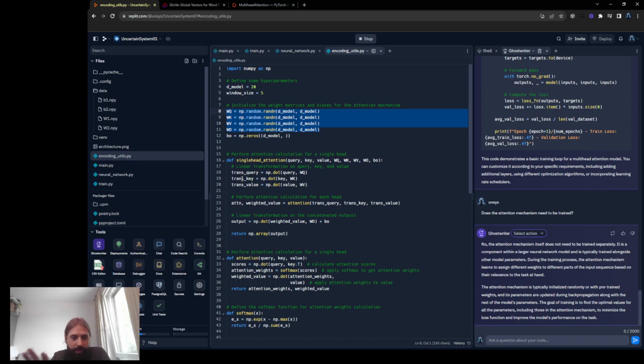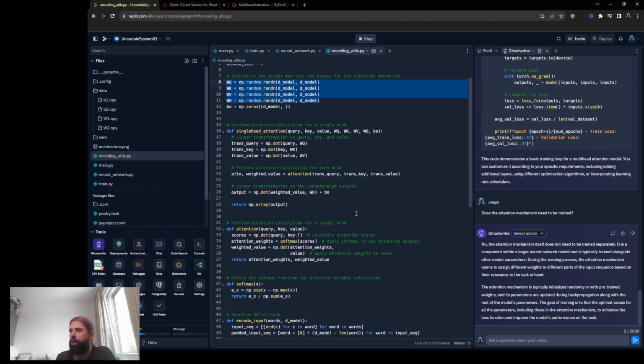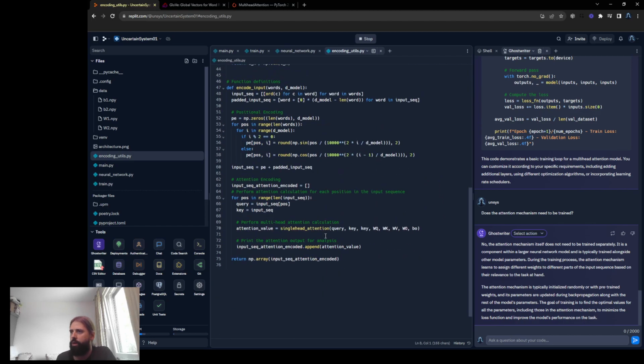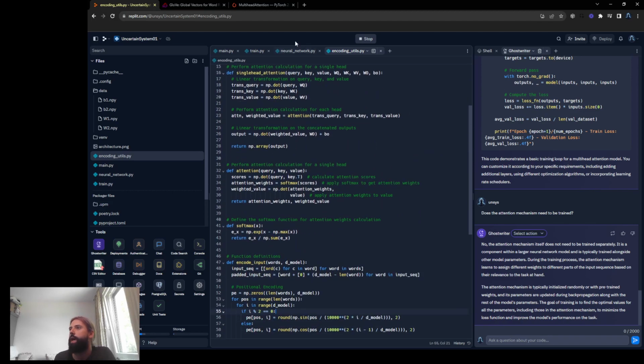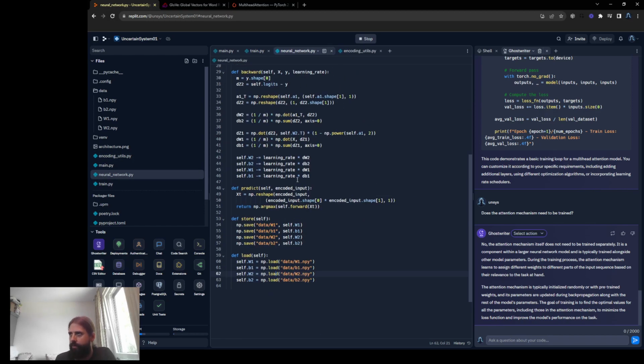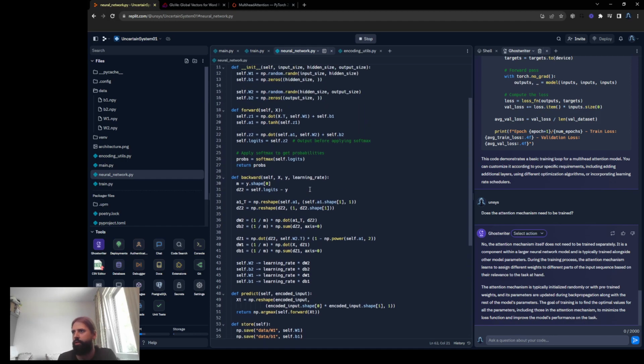Okay, so to-dos. Essentially, replace the positional encoding by just using embeddings from a library. And then another thing is to fix the neural network stuff. So there are multiple things here.